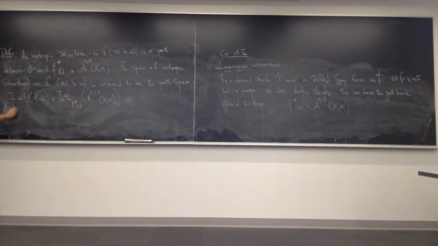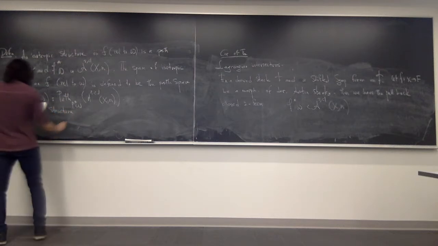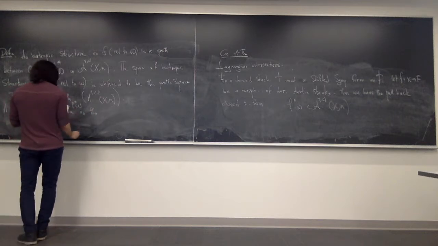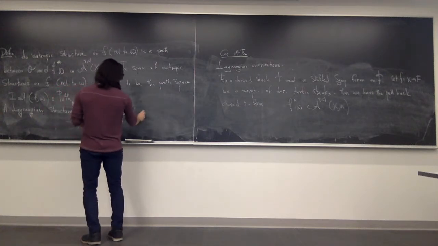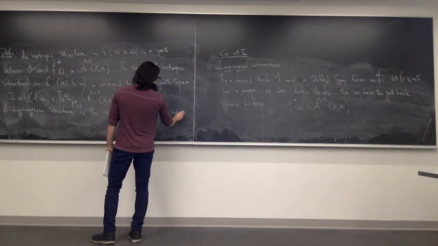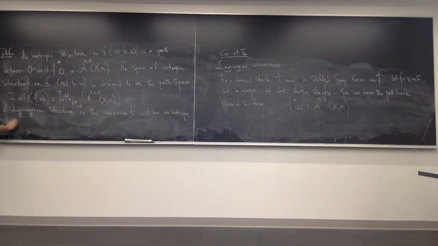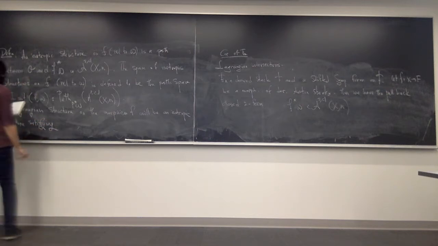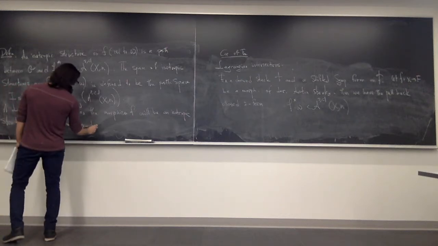So a Lagrangian structure on the morphism f will be an isotropic structure satisfying some non-degeneracy conditions.